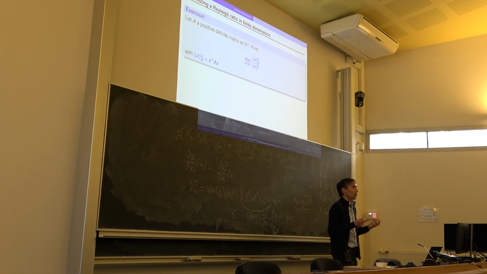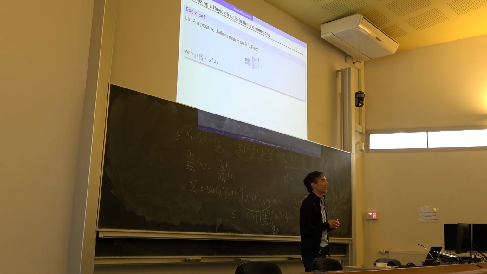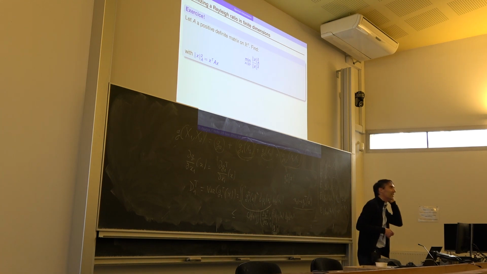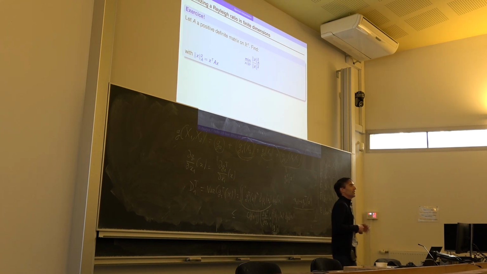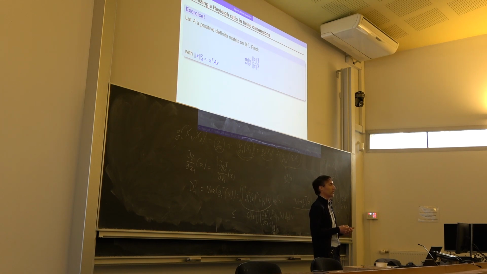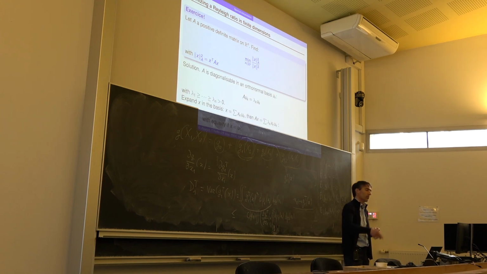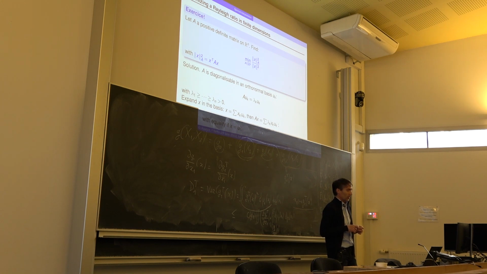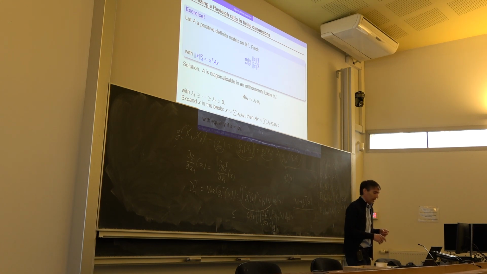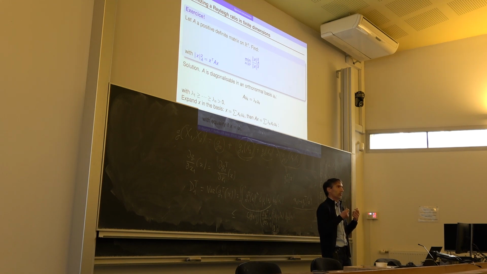So I ask you the question, do you know how to solve this? Yes. Indeed, you have to find the eigenvalues of the matrix A, and the solution is given by the smallest eigenvalue. It's true. So you have the demonstration written in the slide. And what you have to remember is you need to find the eigendecomposition of A. And then you have the solution.